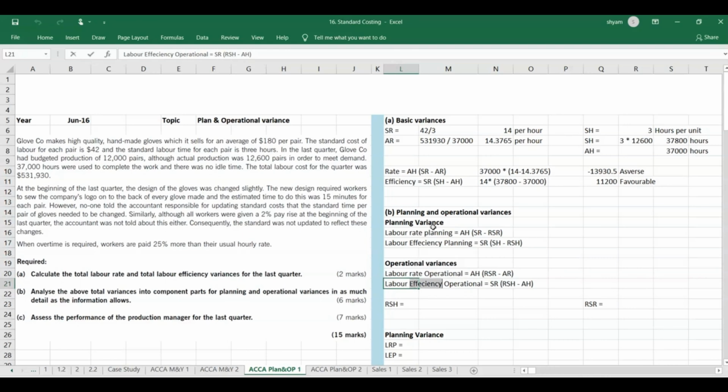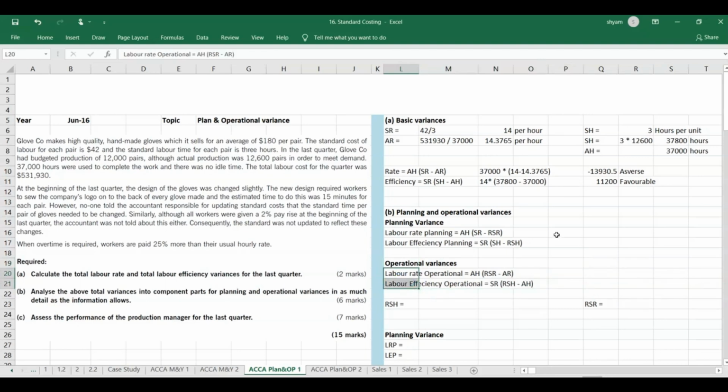So the concept is this: planning variance, the blame or the credit of it goes to the top management. Operational variance alone, the credit or the blame should go to the operational managers. In this case the operational manager is the production manager, as it's a labor variance.